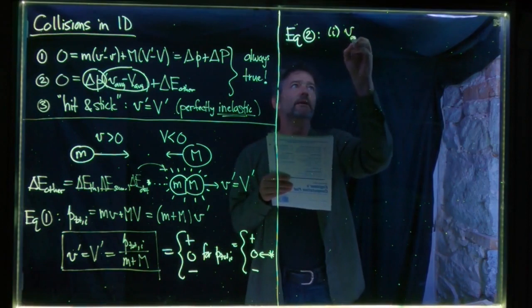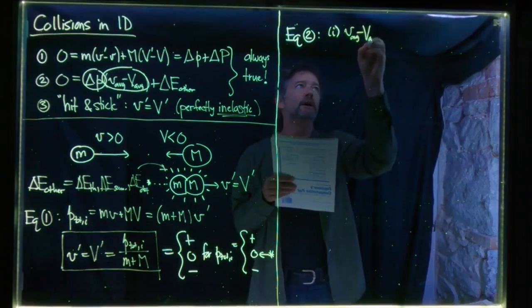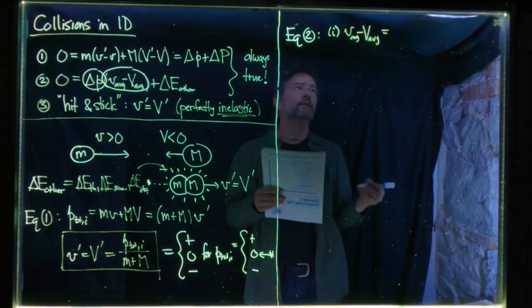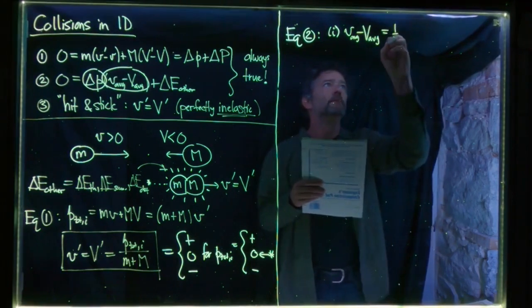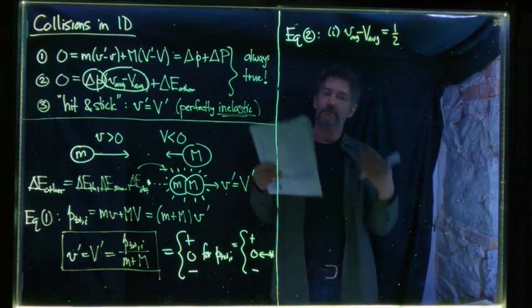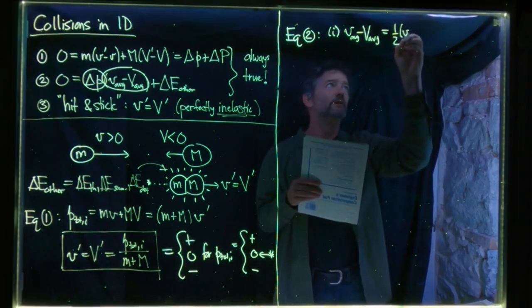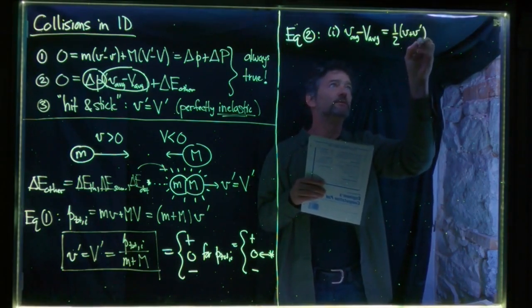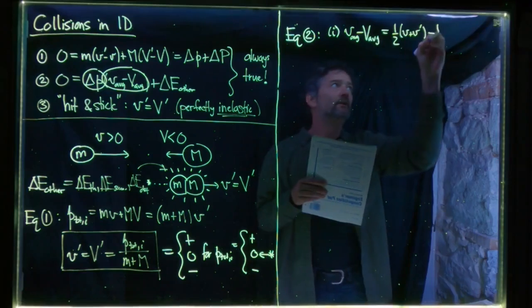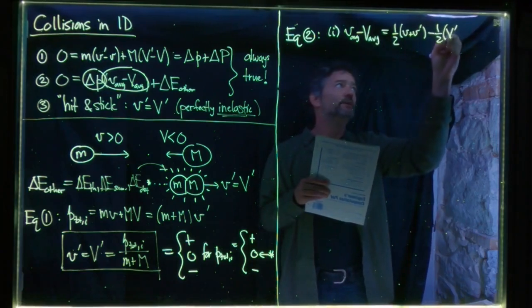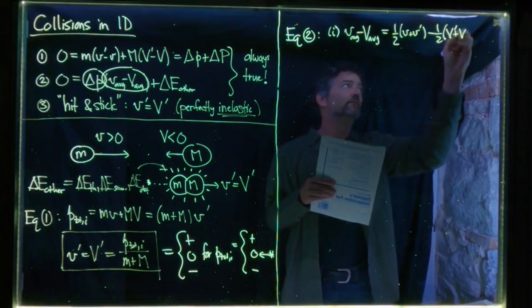So little v average minus big V average. So what is that? So average velocity is initial plus final divided by 2. So 1/2 the initial velocity of little m plus the final velocity of little m, and then we subtract 1/2 the initial velocity of big M plus the final velocity of big M.